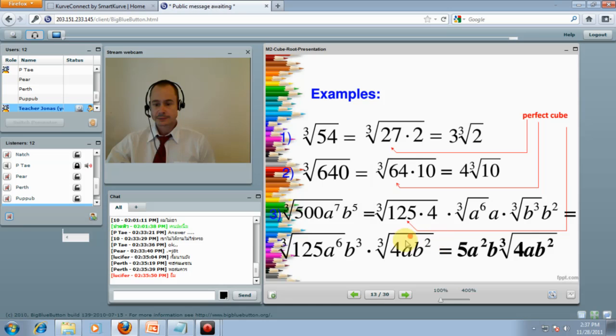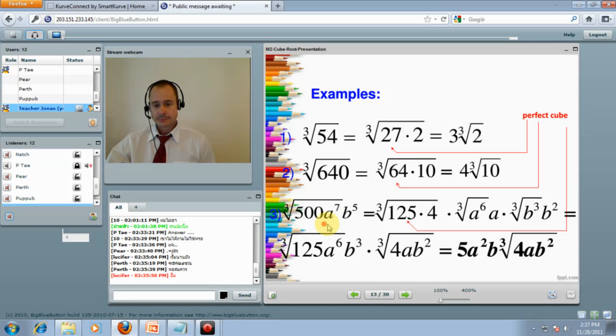They put it here. This will still be in the radical sign, but this here you can now simplify, because this will be 5a^2b from this cube, and still left in the radical sign the cube root of 4ab^2.